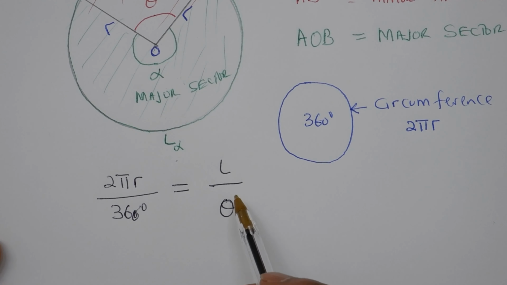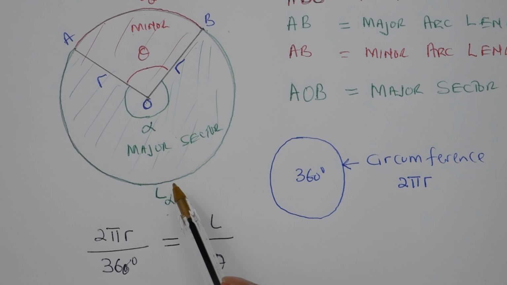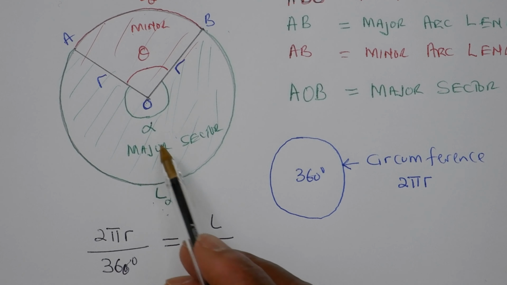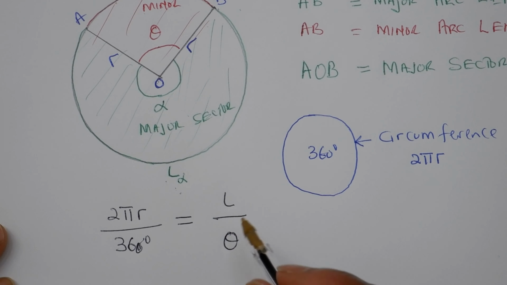You could do it for this one as well: it will be L over alpha. So that's how you generate the formula, and that is what we're now going to use to derive the formula for arc length.